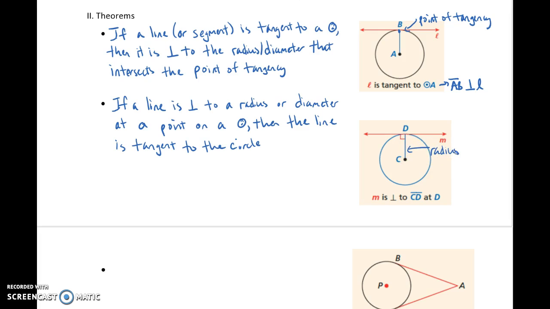You can extend that to make that a diameter, it doesn't matter. Then what we can say is that M is tangent to circle C, because it creates that 90-degree angle at that single point D.